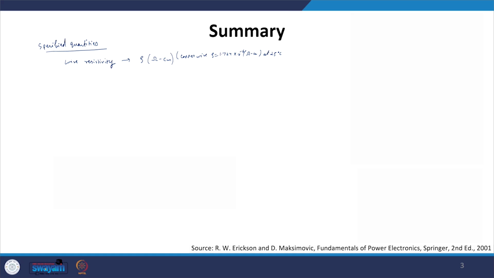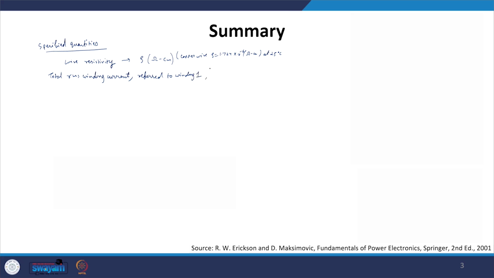Similarly, the other specified quantity depends upon the operation of the circuit in which this transformer is being kept. One can estimate the total RMS winding current, that means current in the winding, referred to the primary side, or winding 1.